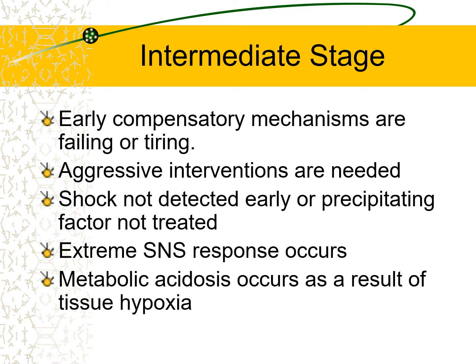Remember, during the compensatory stage, if we are lucky enough to identify the shock that is occurring, we can intervene and reverse the shock. Okay, so it's also called reversible stage. But here, during the intermediate stage, if it's progressed to this point, we need to use aggressive interventions.